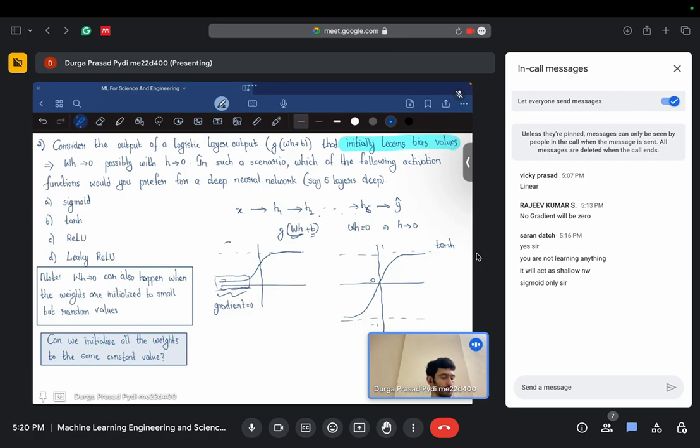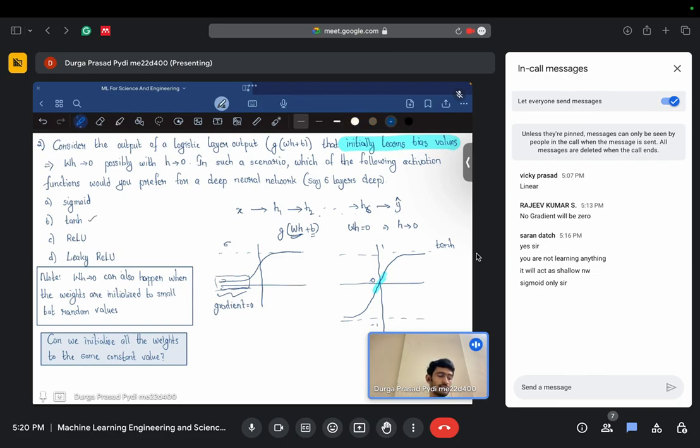Here, if you observe, if the values are tending to 0 in tanh, you will still be in this region where the gradient is not zero. So even if you get stuck, because the gradient is non-zero, you can still come out of that situation in tanh. So it's better to use tanh.